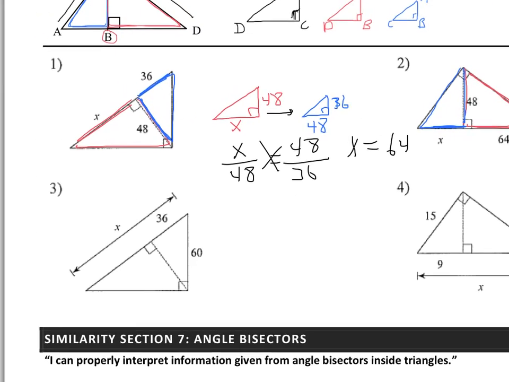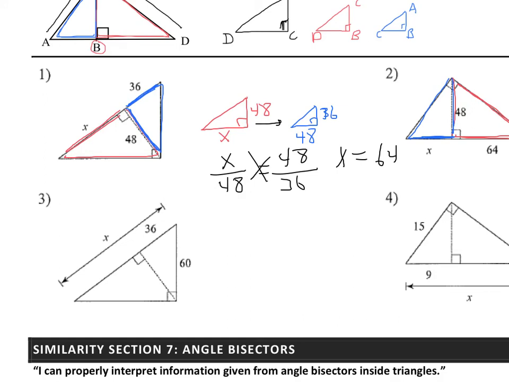All right, next one, if you look at our information, we have to look closely at it now to see what's exactly being given. I have some information on this one right here, which is the smaller of the three triangles, and they are looking for the hypotenuse of the giant triangle. So if I draw the giant triangle out, the biggest one, the hypotenuse is in question, and the short leg of that bigger triangle is 60.